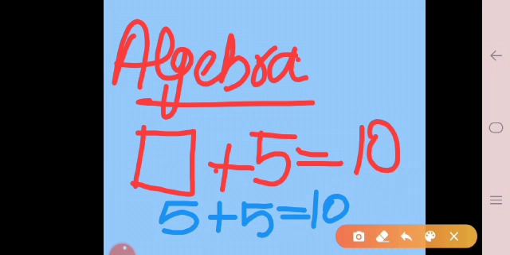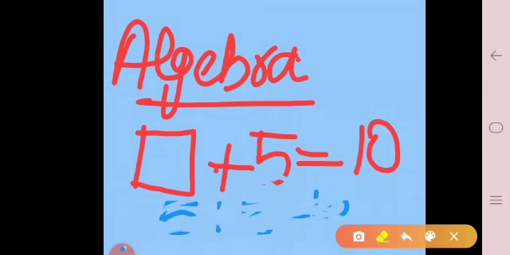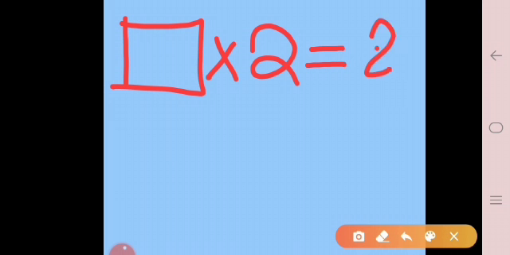Let me give you another example. Let's suppose I have a question: some number, if I multiply it with 2, I'm going to get 8.